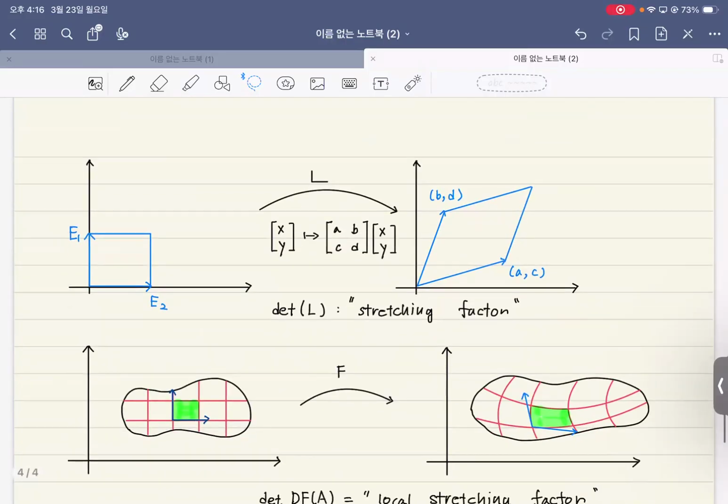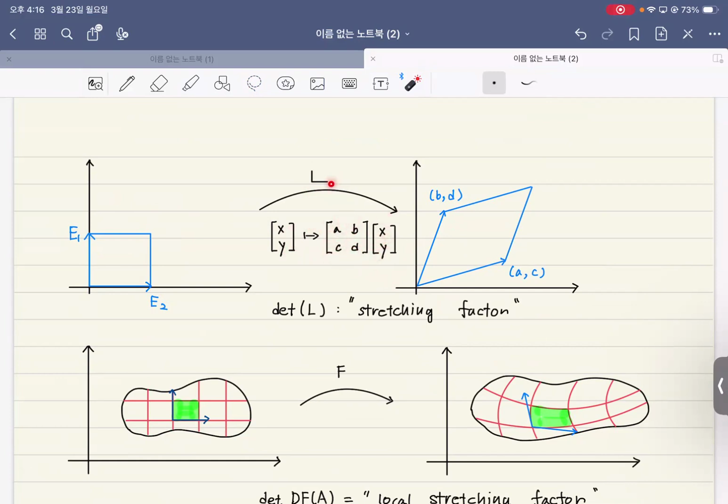Well, you should remember, if you have a linear function from R2 to R2, the point x comma y is being mapped to this matrix times (x, y).